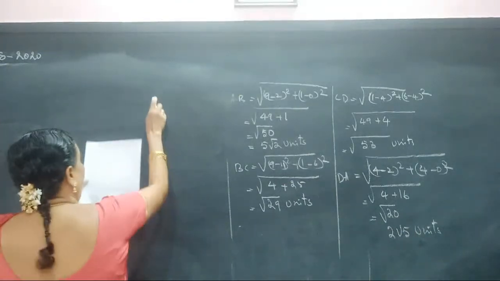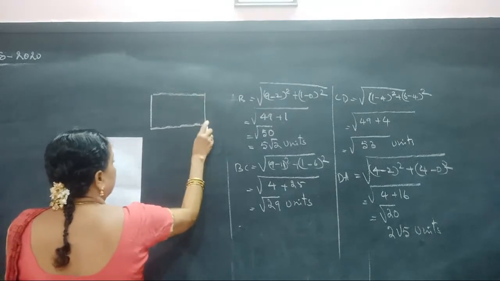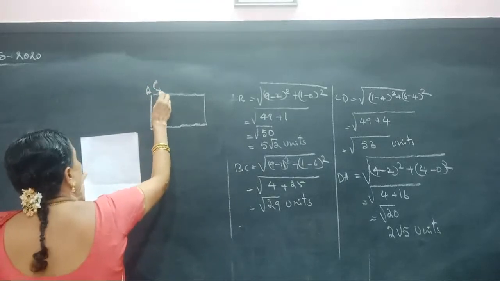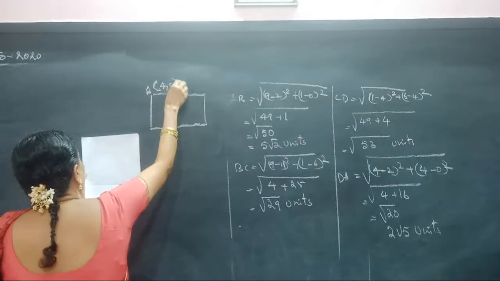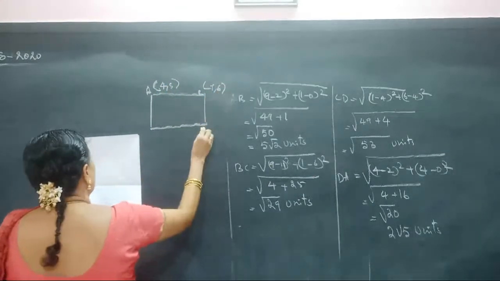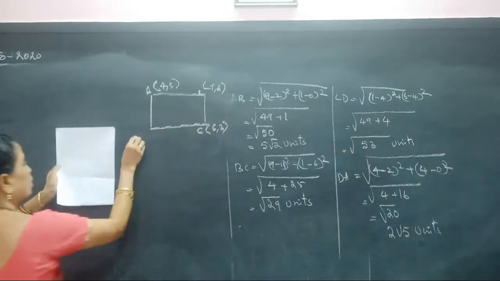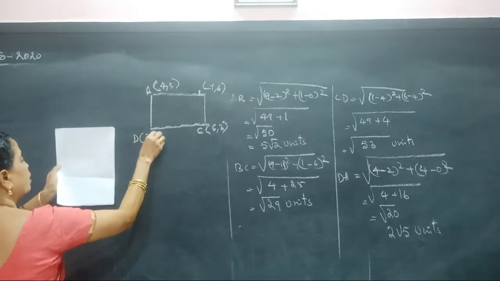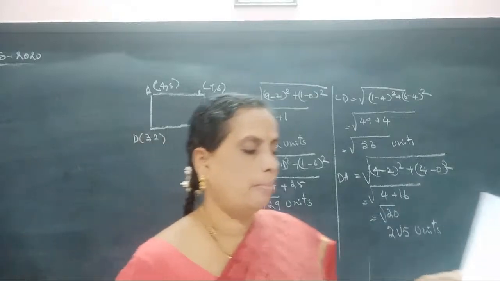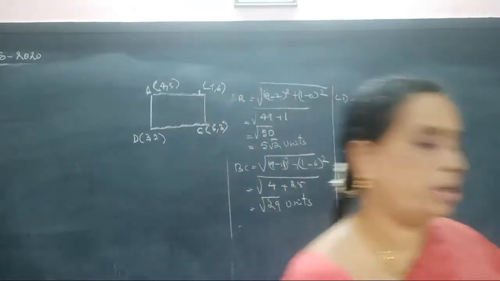Prove that the points A (4, 5), B (7, 6), C (6, 3) and D (3, 2) are vertices of a parallelogram. Is it a rectangle is the question.